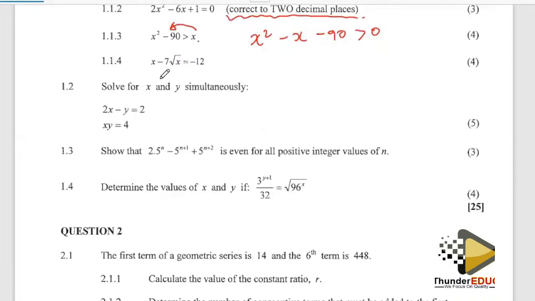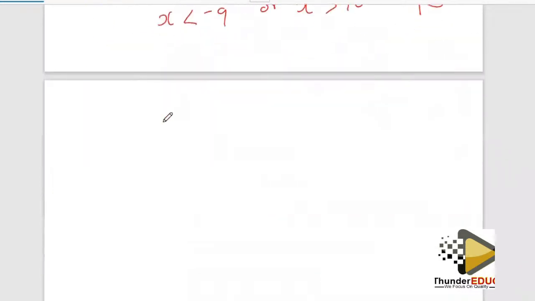The only thing I see is this x. I can choose to move the x that side so that the 7 root x is on its own, or I can do the other way around. Whichever is simpler. So that's going to be x plus 12 is equal to 7 square root of x.